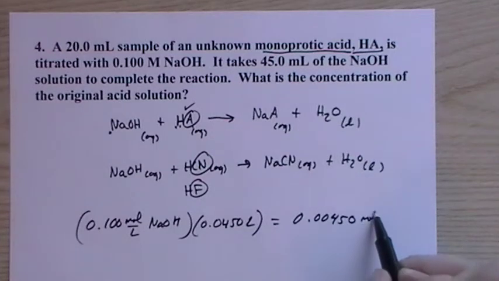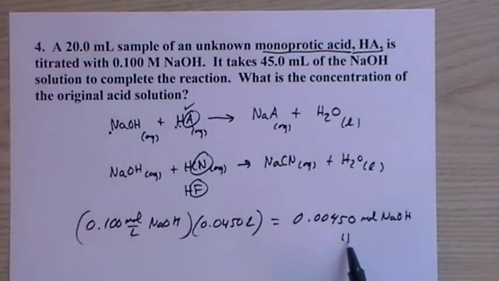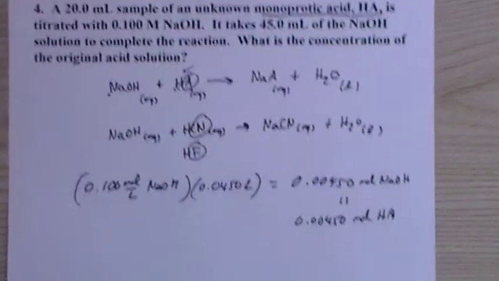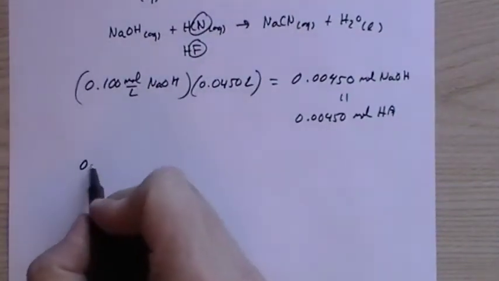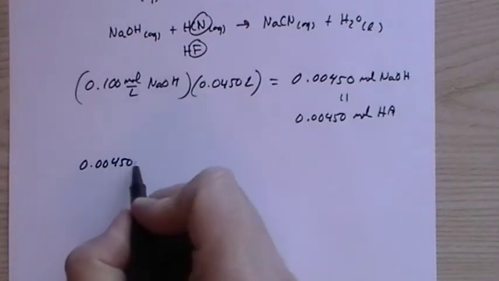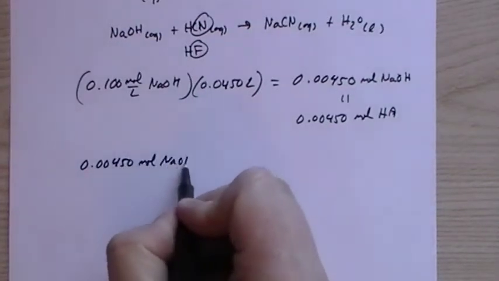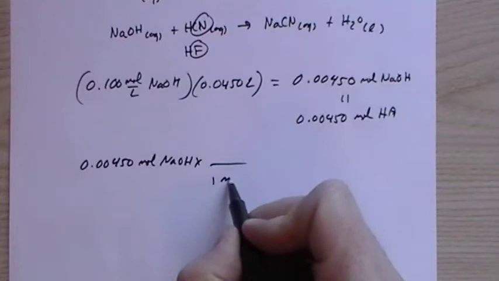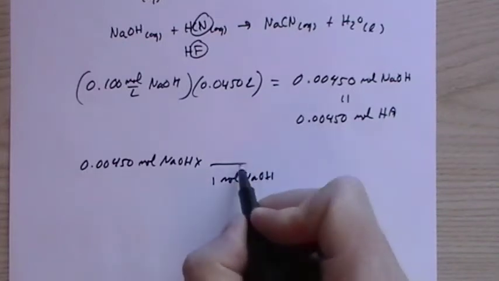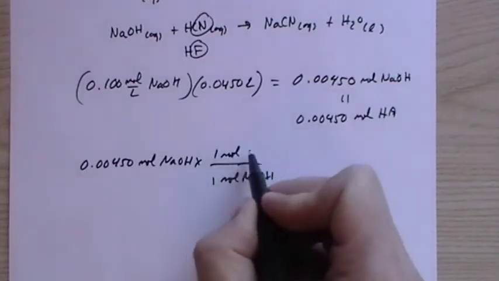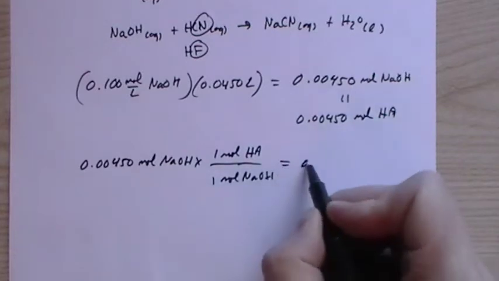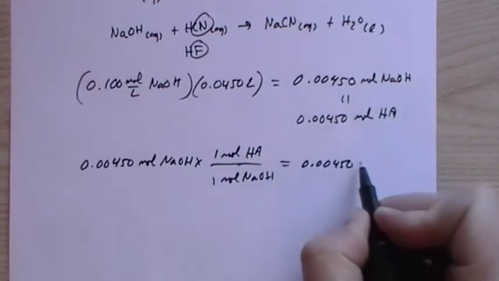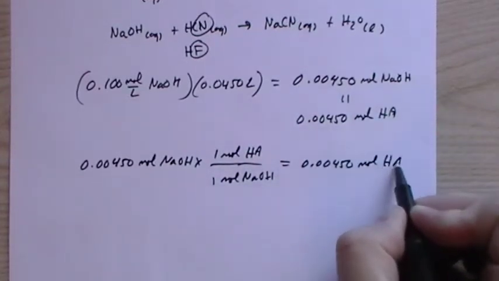And so this is moles of sodium hydroxide. From the equation we see it's 1-to-1, so this is going to be equal to the same number of moles of HA. But I can do out the calculation. For every mole of sodium hydroxide, it's 1 mole of the unknown monoprotic acid, so it should be the same number of moles of HA.